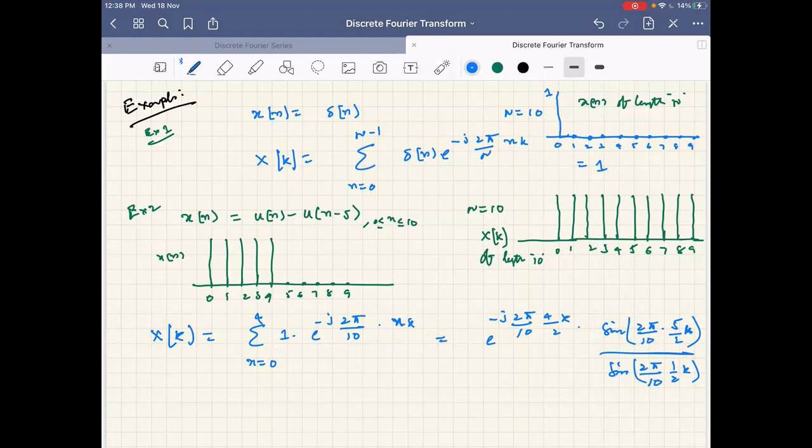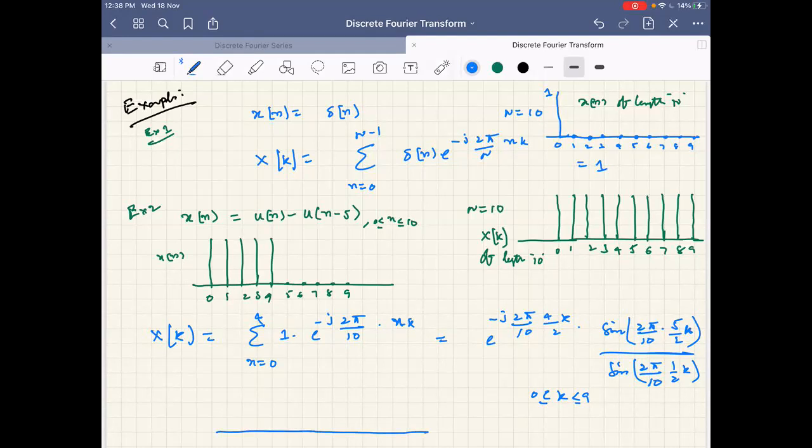And the values of k vary from where to where? K ranges from 0 to 9 here, because the sequence length is 10, the same as that of the time domain sequence length. If you sketch it, it is a sinc function.